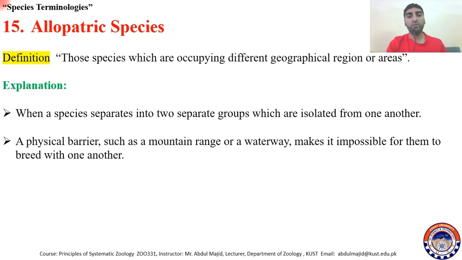So with the passage of time they will differentiate into new species, and such species which are geographically isolated because of some barrier between them are known as allopatric species.